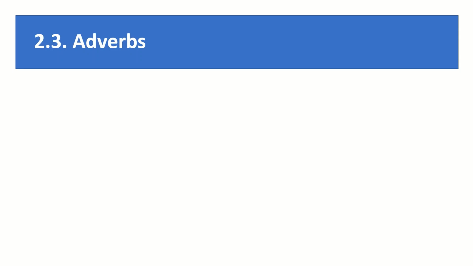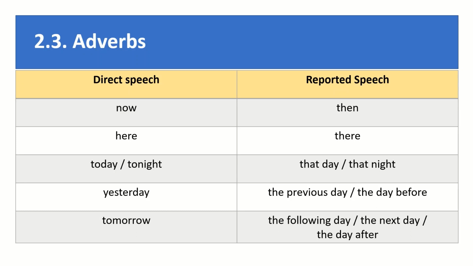How about adverbs in indirect reported speech? Now look at this. We have the first column is the adverbs in direct speech, and the second column is the adverbs in reported speech.